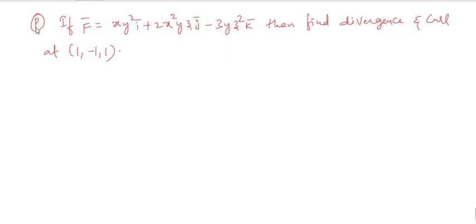This is the question, right? So the given f bar is this one, and they are asking for divergence and curl. You know what divergence and curl are.